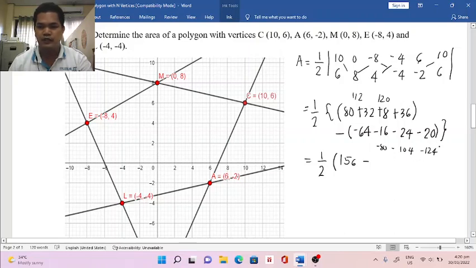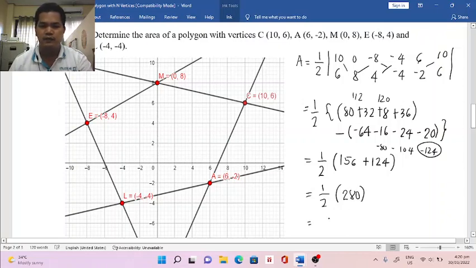So, negative 124, this is subtraction, so that would be plus 124. Equals 1/2 of 280.